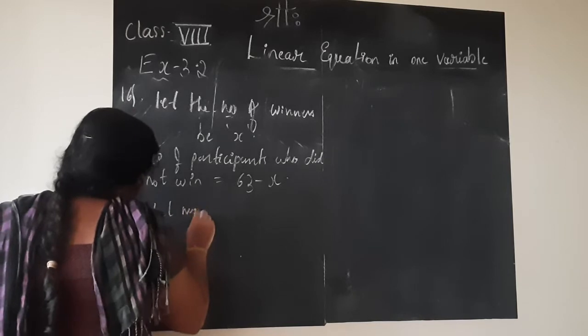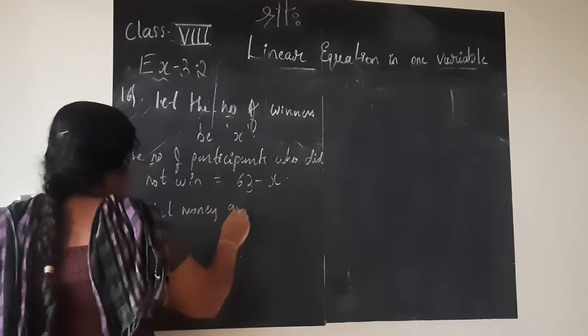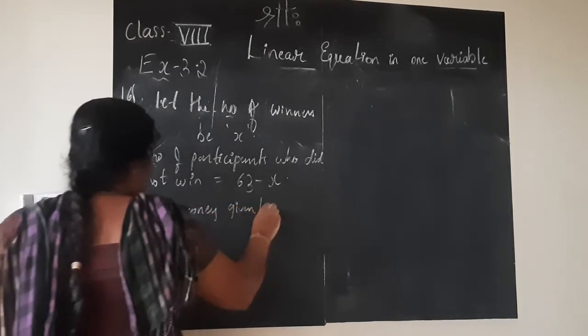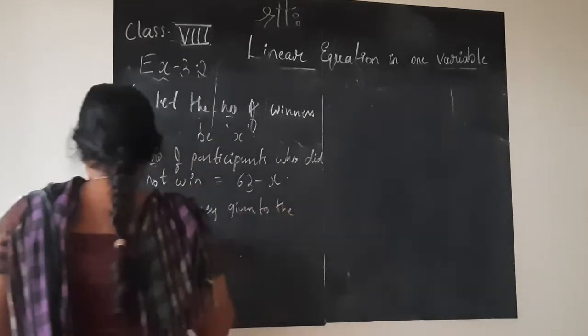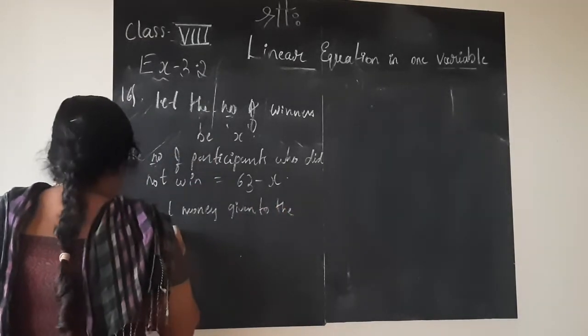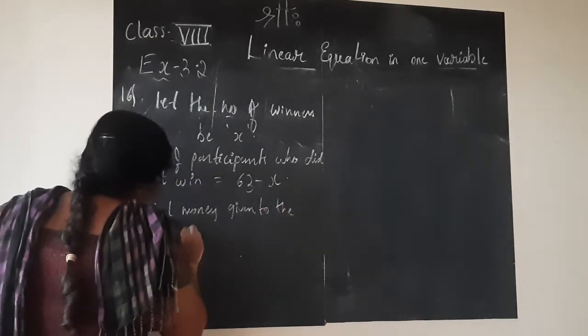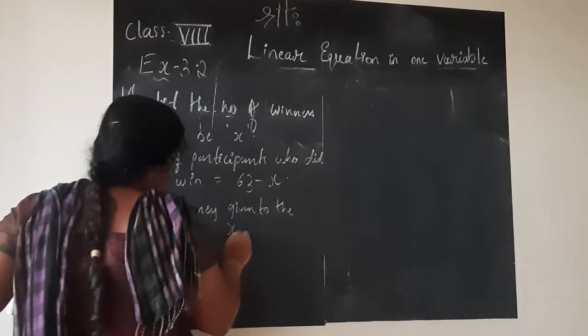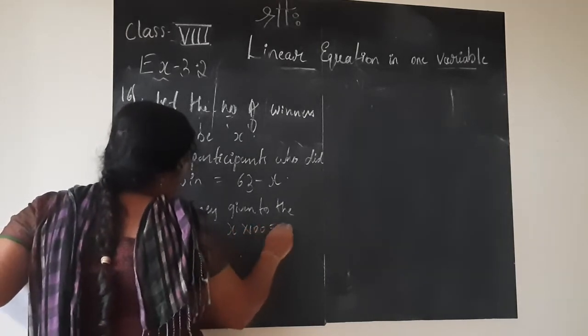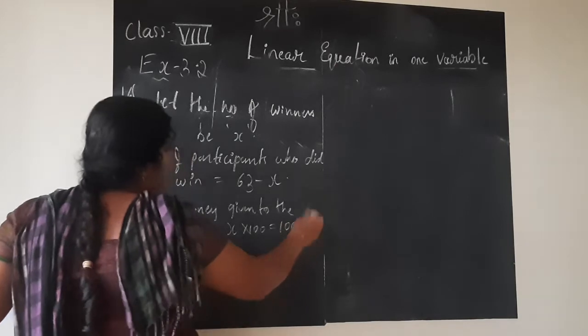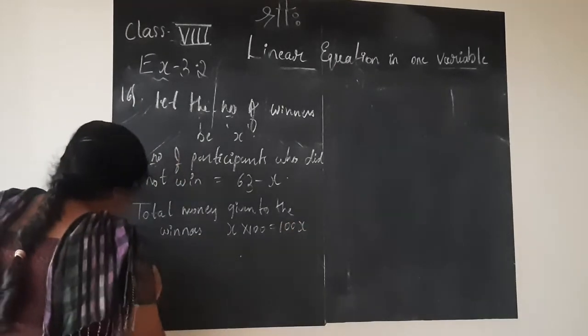Total money given to the winners. How many rupees is the prize for winners? 100 rupees. So x into 100 which is equal to 100x. Winners get 100x.